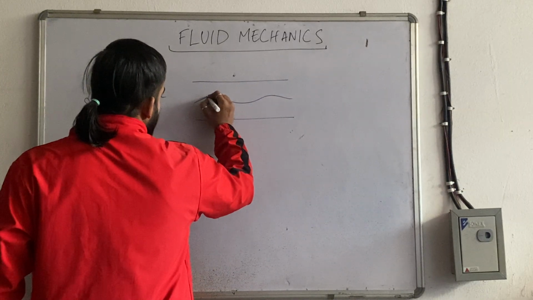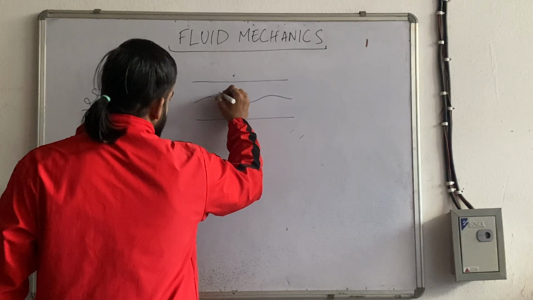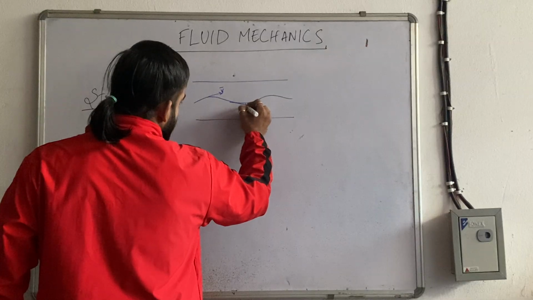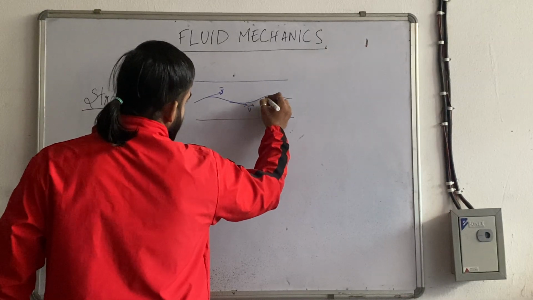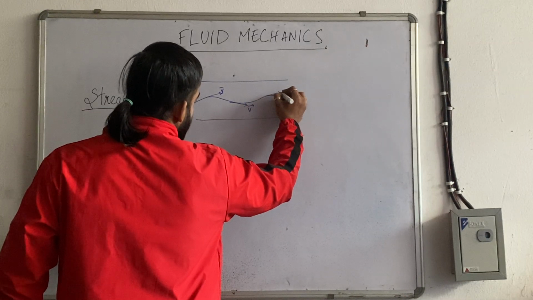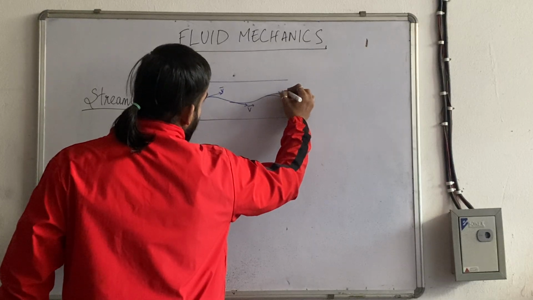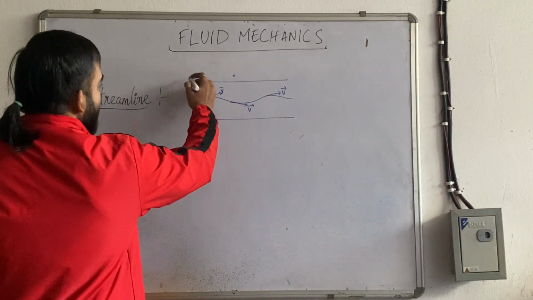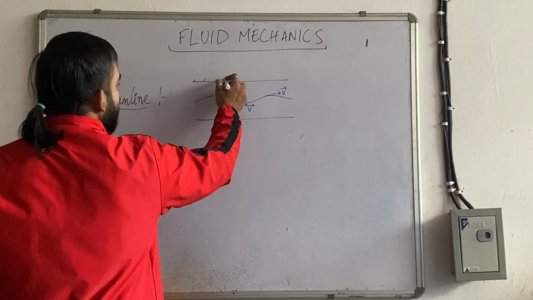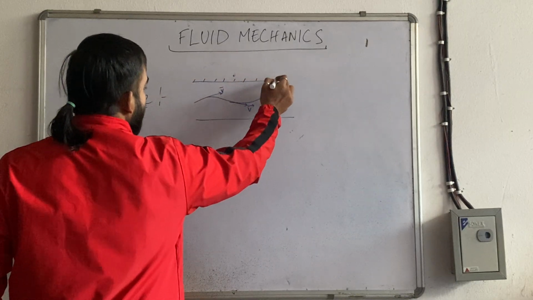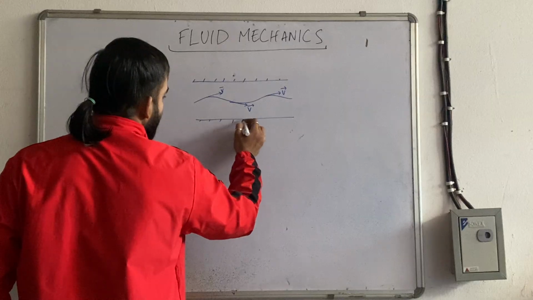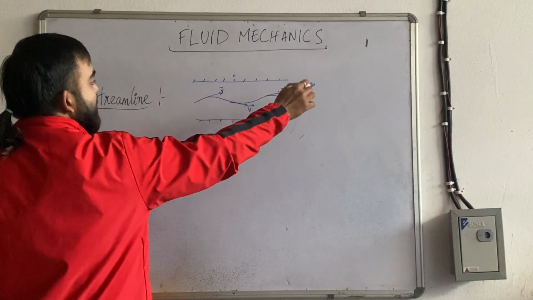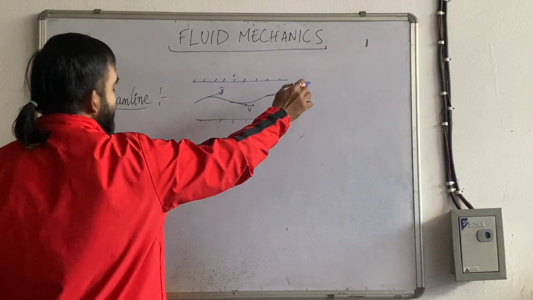In this flow, the velocity vector v is always tangent to the streamline. This type of flow is known as a streamline flow. The path of this line will not be crossed.